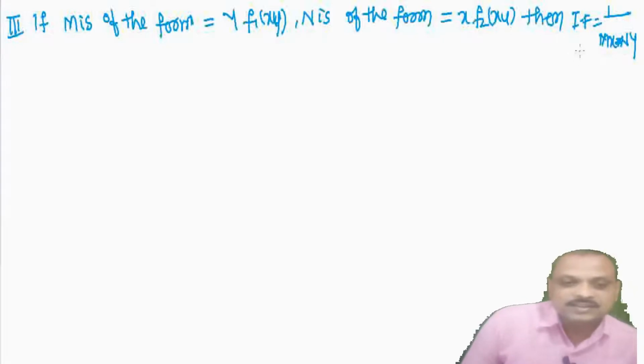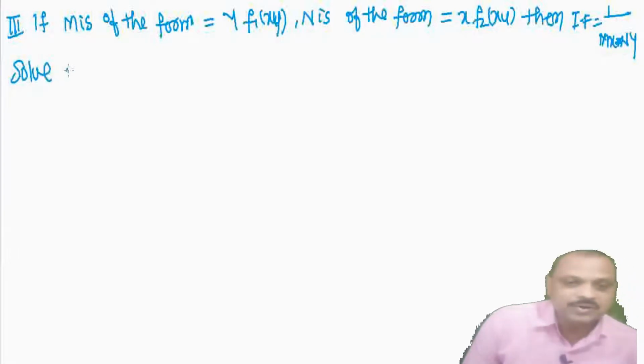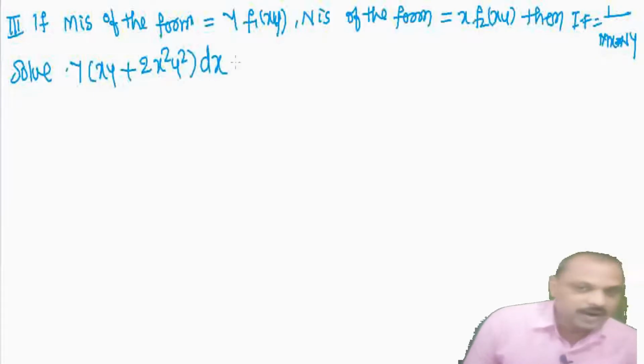Let us solve this example by using this rule. What is the example? I am considering y into (xy plus 2x square y square) into dx plus x into (xy minus x square y square) into dy equal to 0.